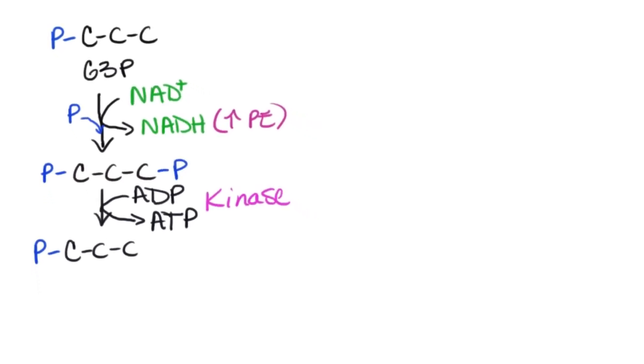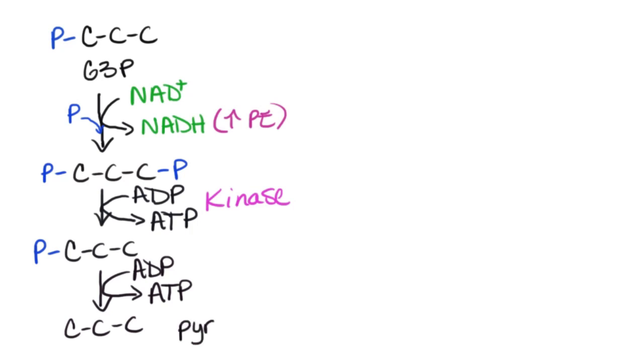We are again going to take a phosphate group and transfer that phosphate group onto ADP. So ADP comes in, we transfer a phosphate group to that, and it leaves as ATP. So now our phosphate group is no longer on this 3-carbon molecule, and that 3-carbon molecule is going to be pyruvate.